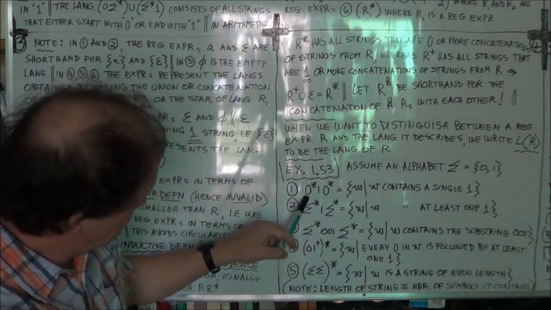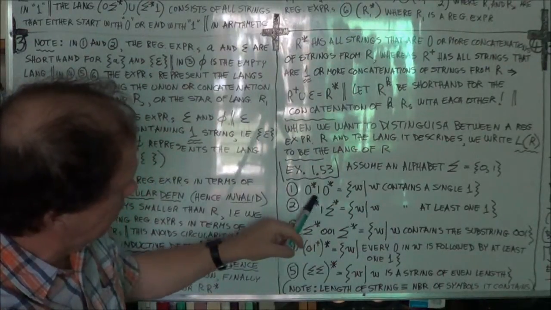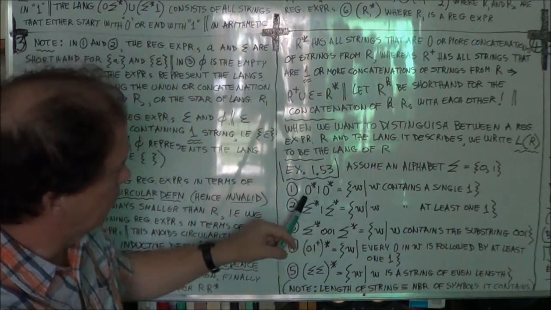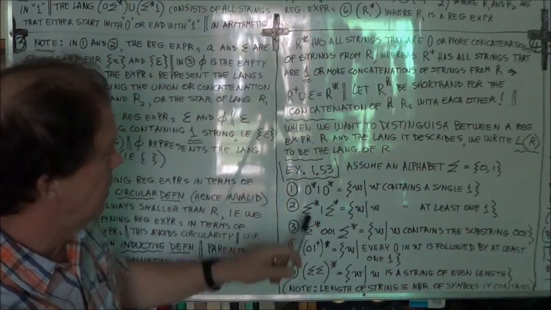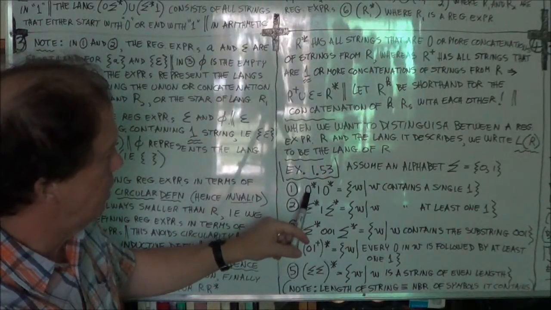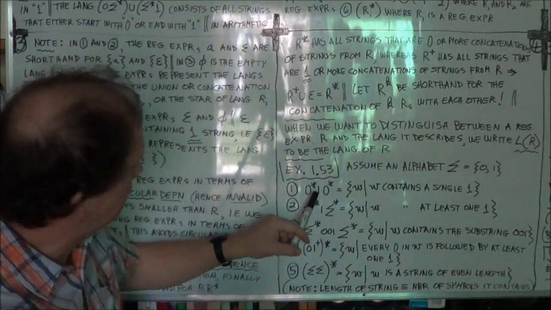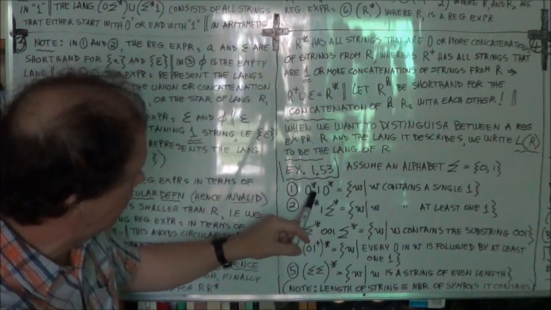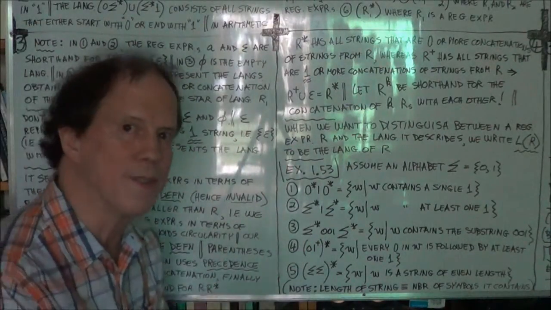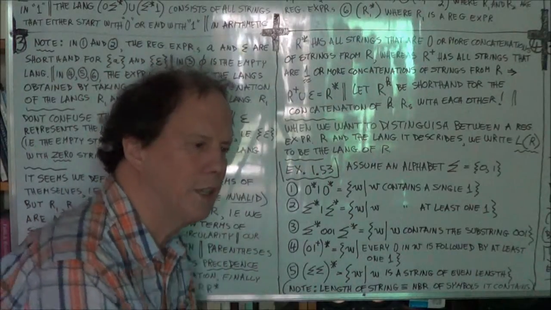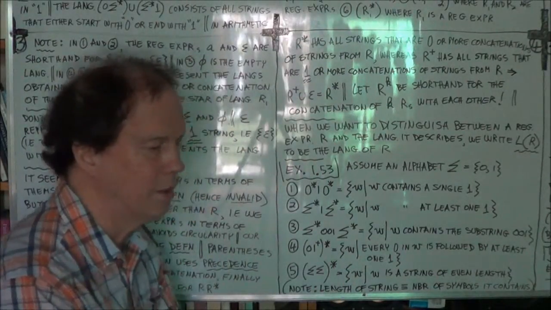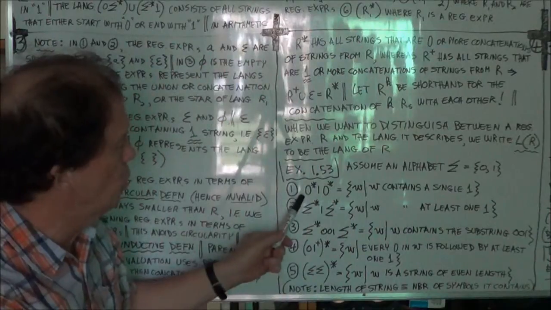So what's the language description of this regular expression here? You can have any number of zeros in front of the 1 and then a 1. Now remember, implicit on either side of the 1 is a little circle, concatenation, but this is the shorthand notation.